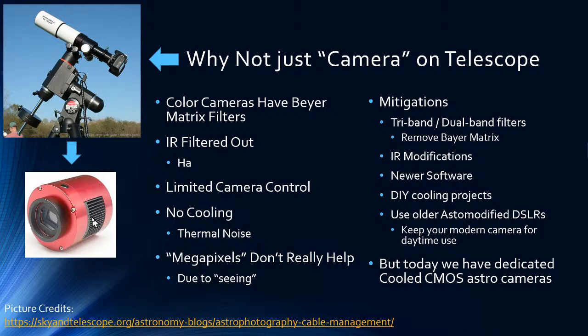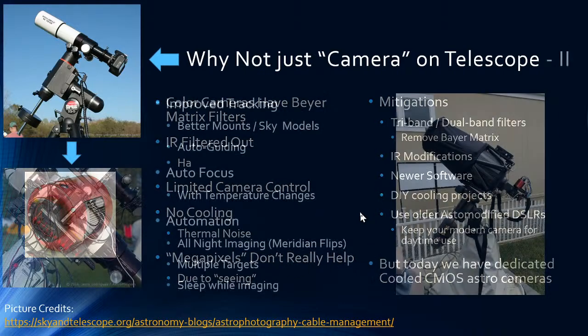You can see the heat sink here, and there's a fan on the back that does the cooling, and all the camera electronics and the sensor are up in this front part here. And they're relatively inexpensive compared to CCD astro cameras of the past.